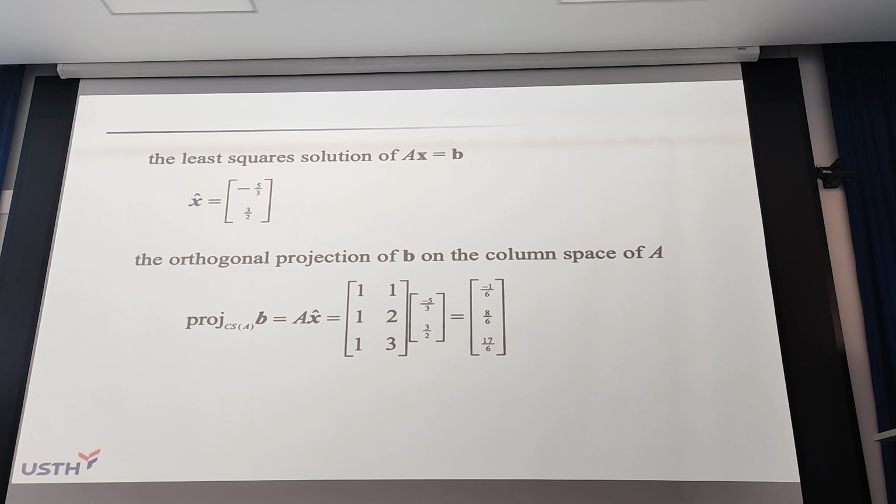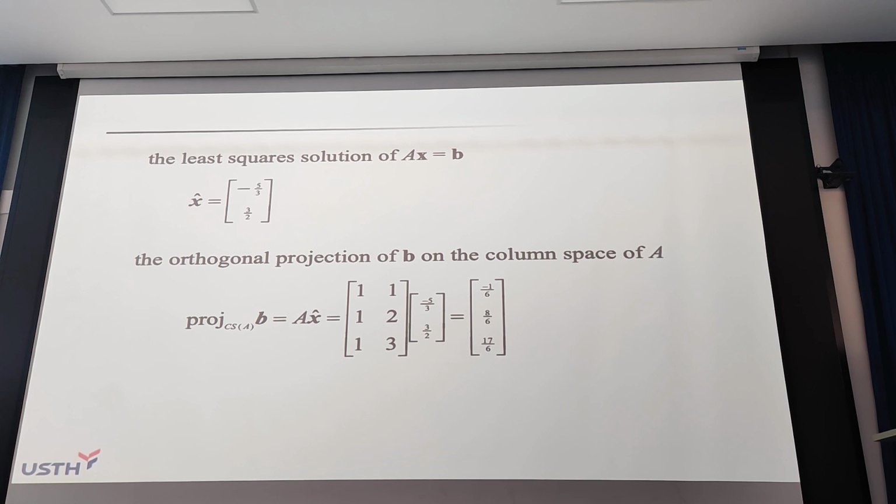Once again, the orthogonal projection of b on the column space of A is A multiplied by x hat. So we get the projection of b on the column space of A to be that one. By that one calculation, you get two things. The first one, you can find the least square solution.